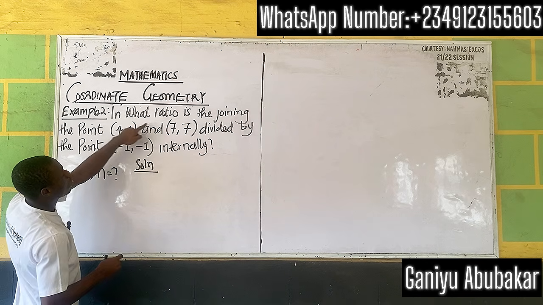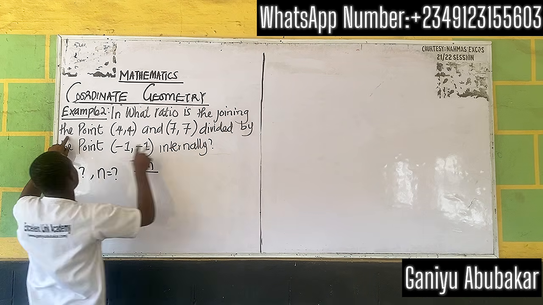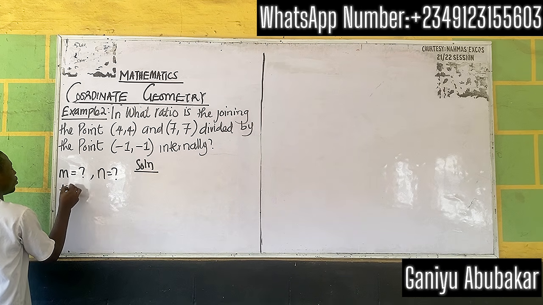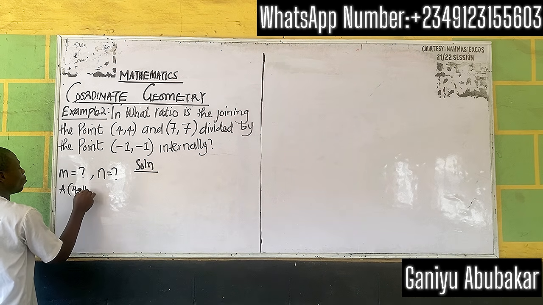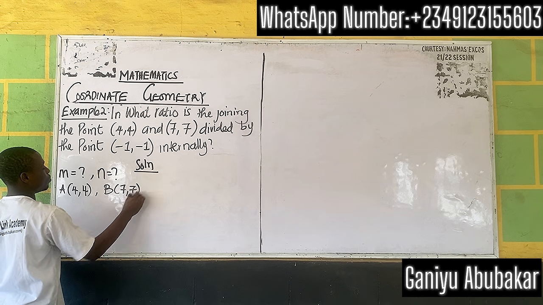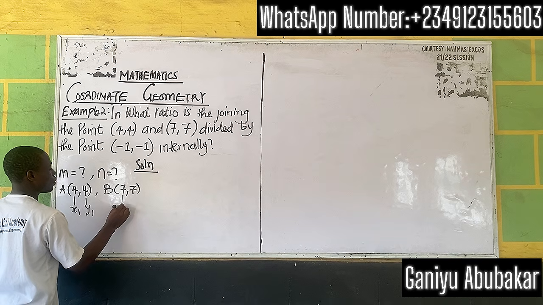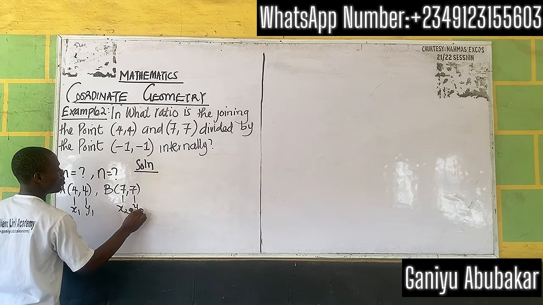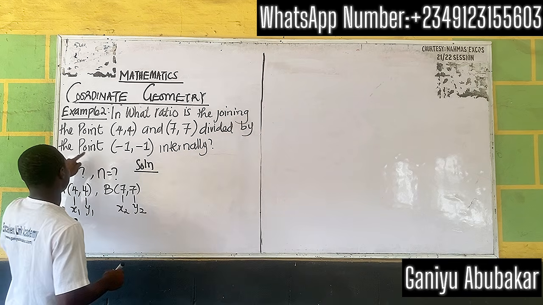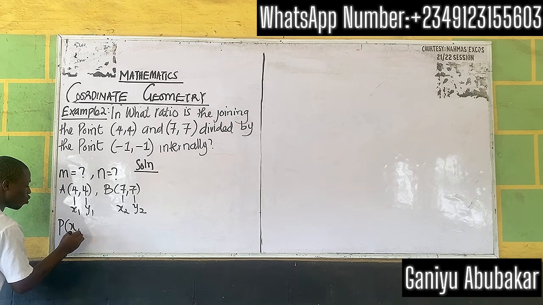It says, in what ratio is the line joining the point this and this. So let me call my point A as 4 comma 4 and my point B as 7 comma 7. So this one is x1, this is y1, this is x2, this is y2. Divided by the point this, that's your P of x comma y.